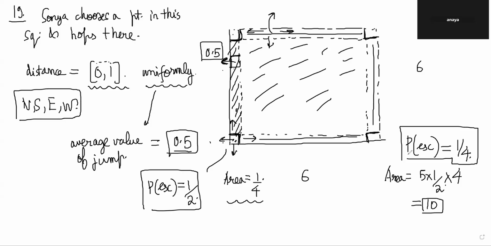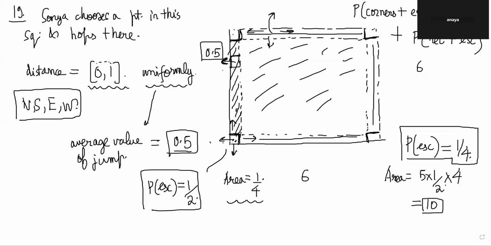So now what we have to figure out initially, what was the question? The question was, what is the probability that she lands outside the square, right? So she can land outside the square in 2 ways. First, ending up in corners and then escaping, plus she can end up in these rectangles and then she escapes, right?